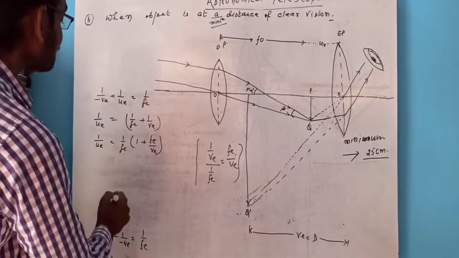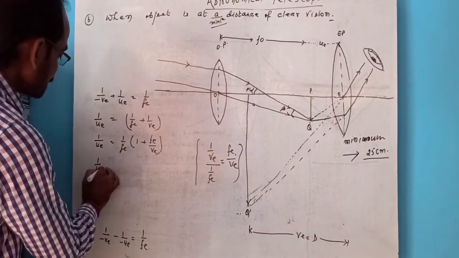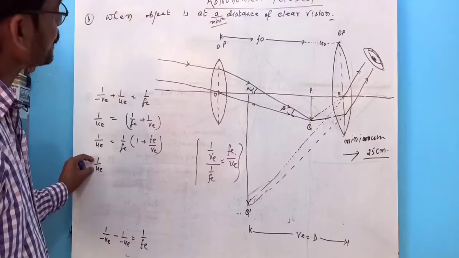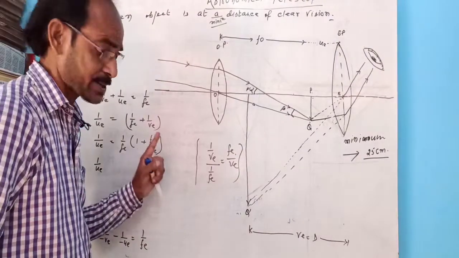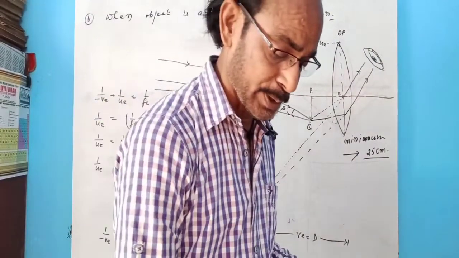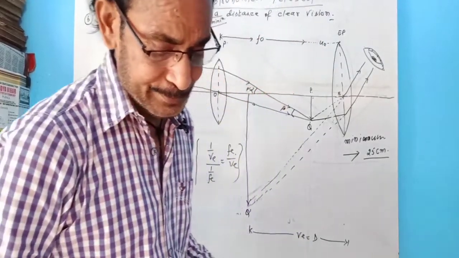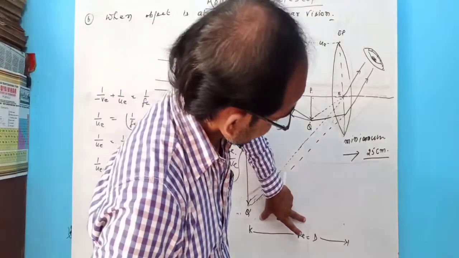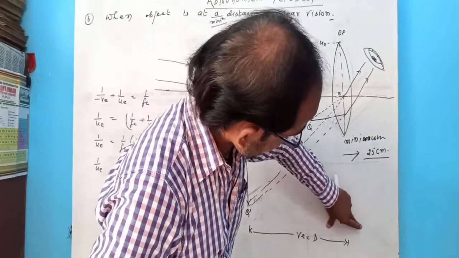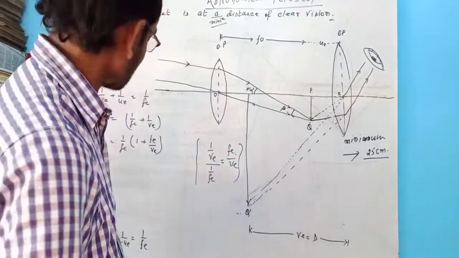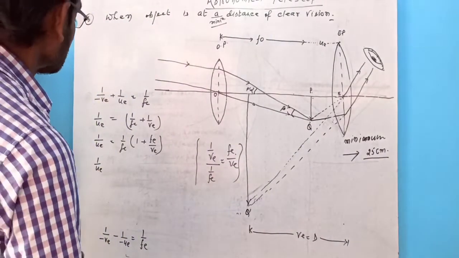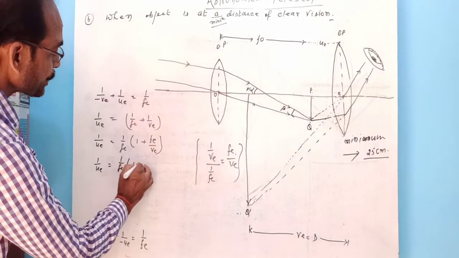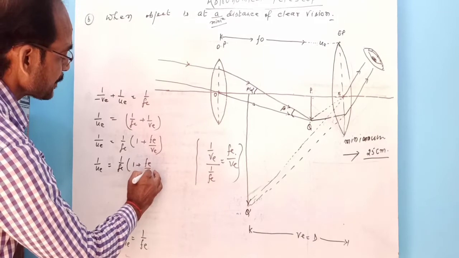So for 1 by UE, the value of UE from the first equation, and the minimum distance of clear vision VE equal to D, we can write 1 by UE equal to 1 by FE into 1 plus FE by D.